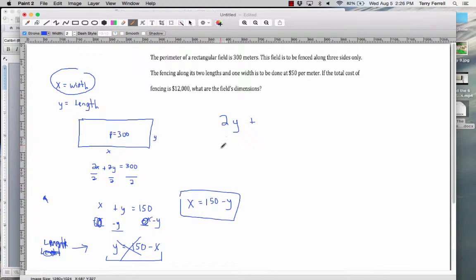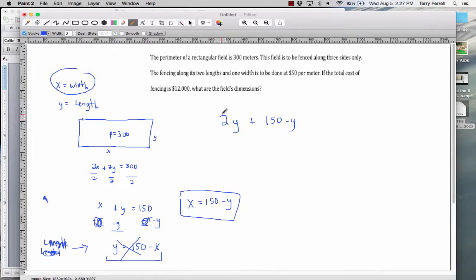So it's going to be 2y plus 150 minus y, because I wrote my width in terms of y. Now this represents the dimensions for 2 lengths and 1 width.